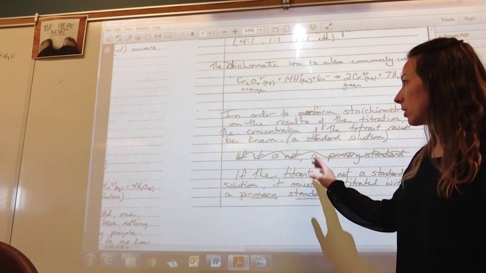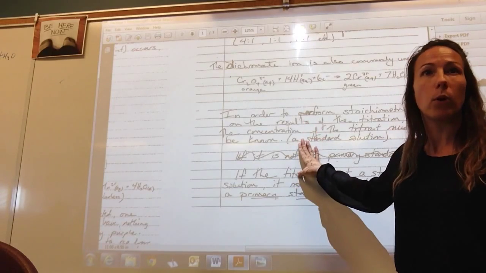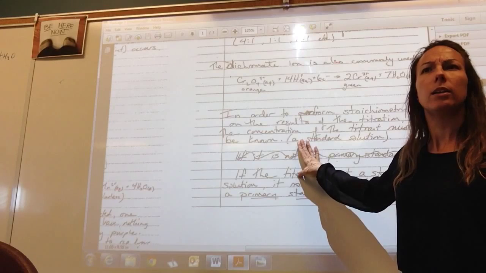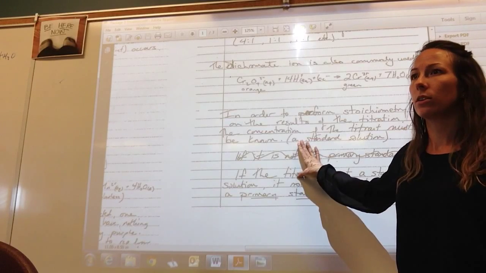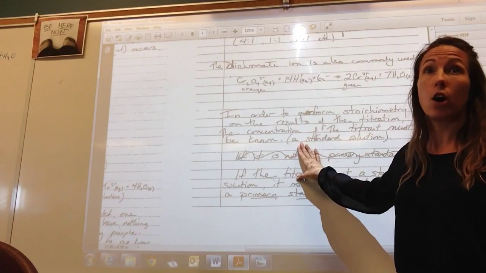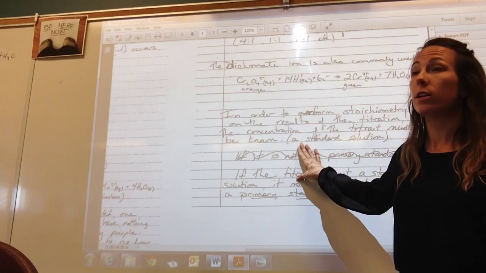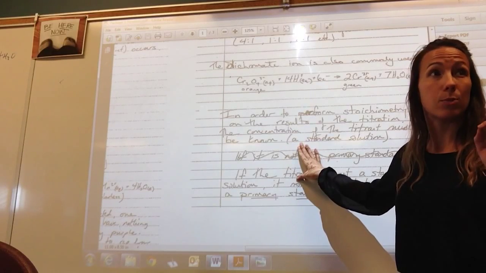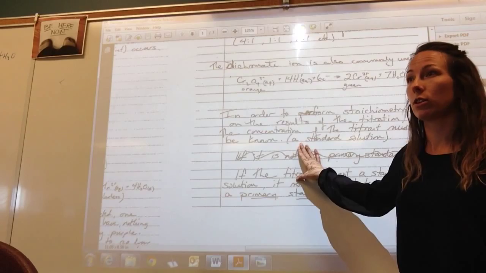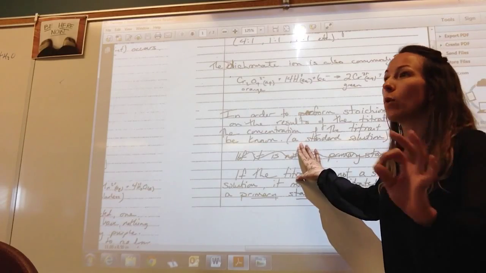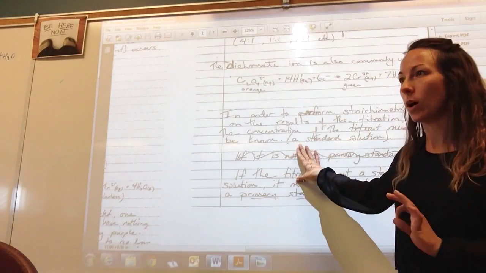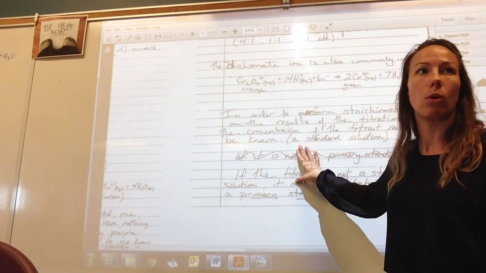Because you might have bought this solution and it might say 0.1 molar, but you want 3 significant digits in your answer. Because you are working on pharmaceuticals and you need to make sure that that drug is precisely that concentration, not 0.149. That's too high. 0.100 is what you want.